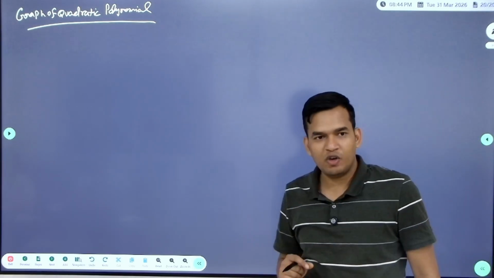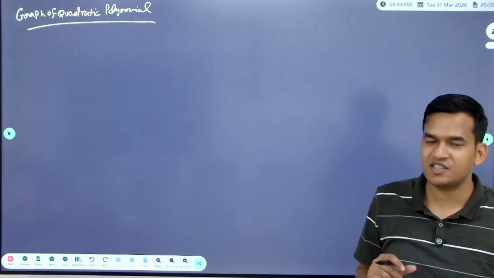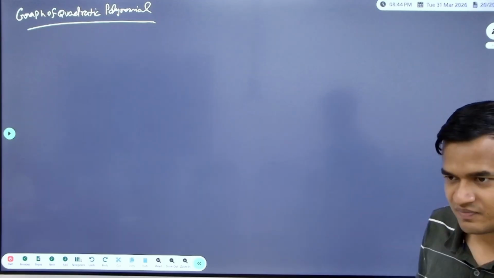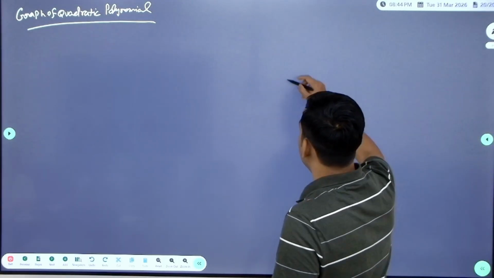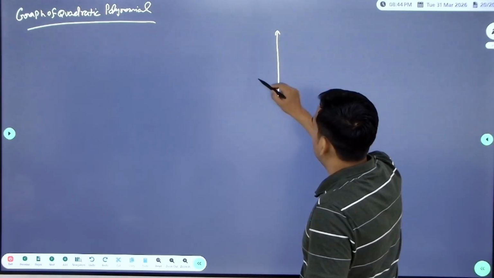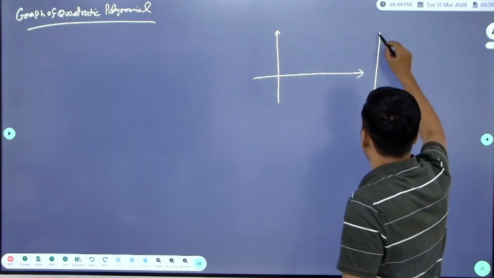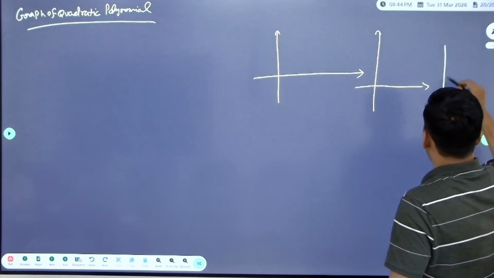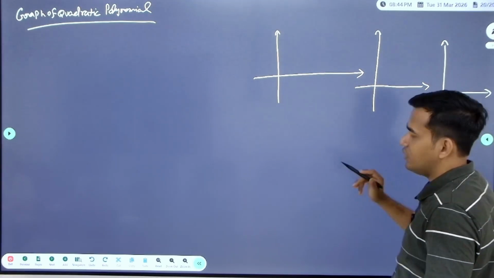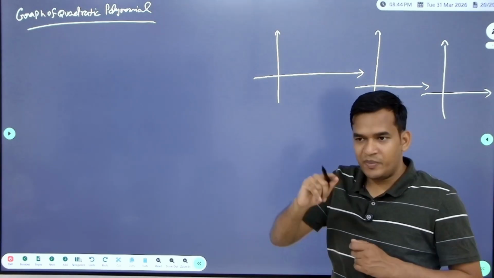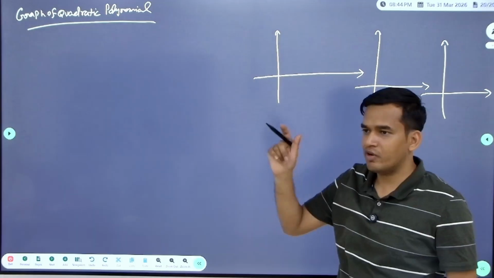In quadratic polynomial, there are 6 types of graph. Look, quadratic polynomial graph is a parabola. So parabola either will be upward or it will be downward.